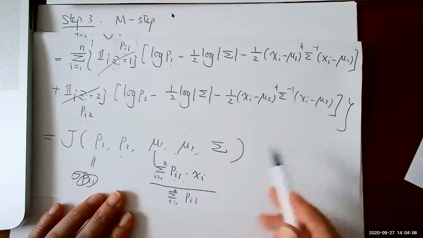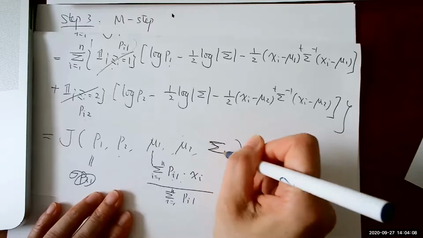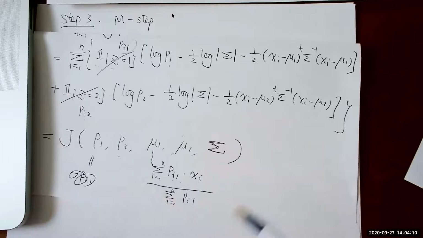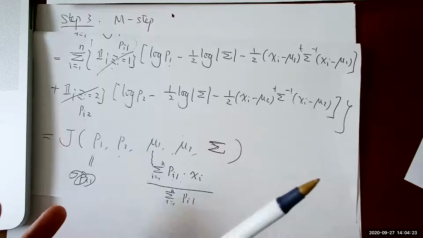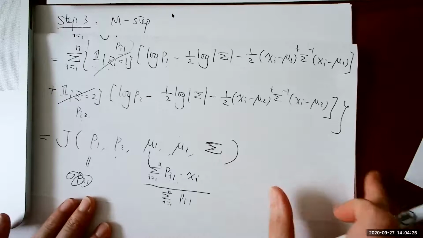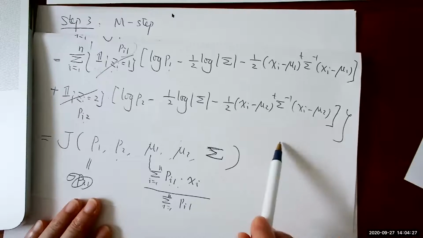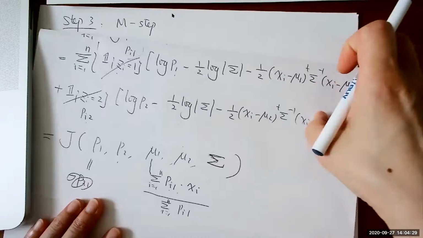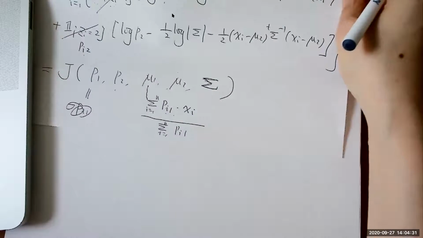Now, how you estimate sigma. Sigma is a matrix. In order to understand how to derive the MLE, to find the maximum likelihood for sigma, you can do a Google search, and I can also add a link in the wiki page on how to find the MLE of a covariance matrix.